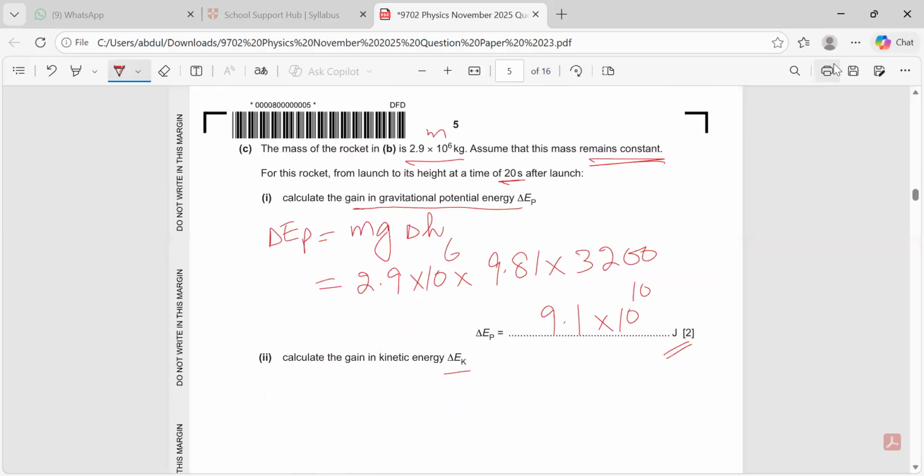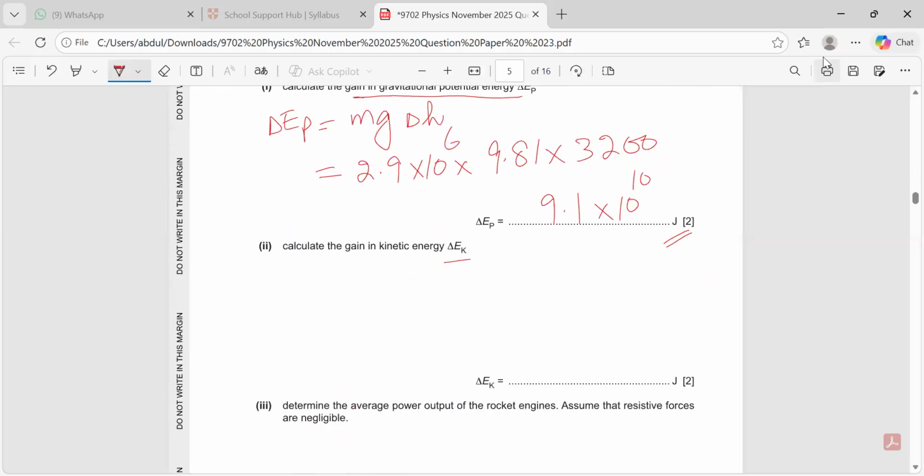So dear friends, here the gain in kinetic energy will be equal to delta EK. Gain again means change. So 1 over 2 m delta v squared, because the change in speed: initial speed was 0, final is 320.